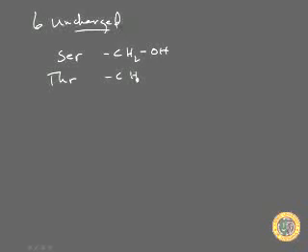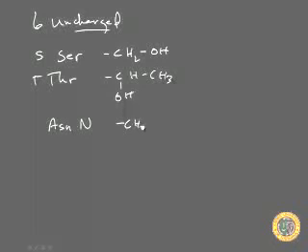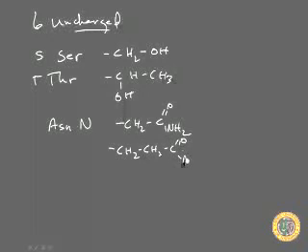These include serine and threonine. They're hydroxyl side chains. Asparagine and glutamine, which contain amide bonds or amide functional groups. Tyrosine, which is the hydroxylated form of phenylalanine, and cysteine.